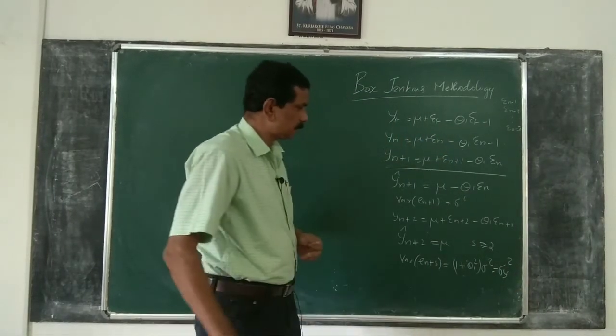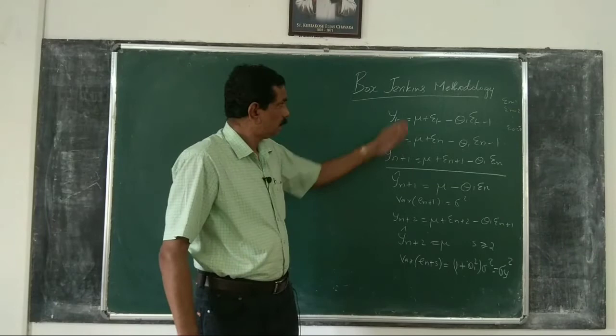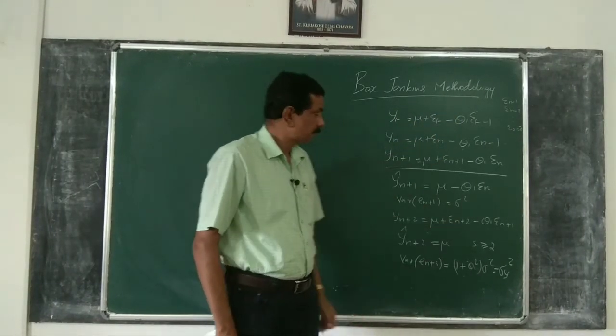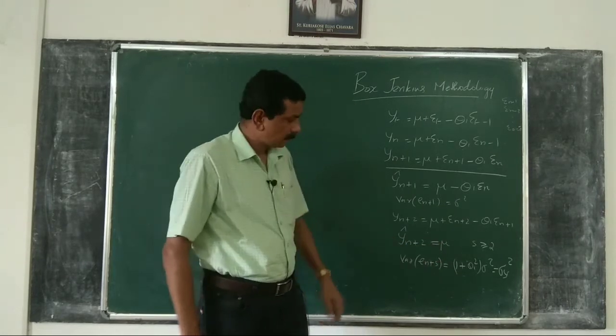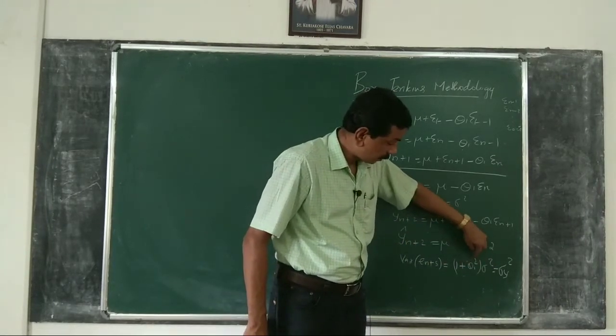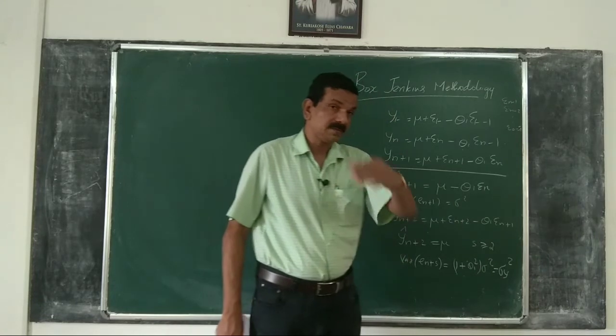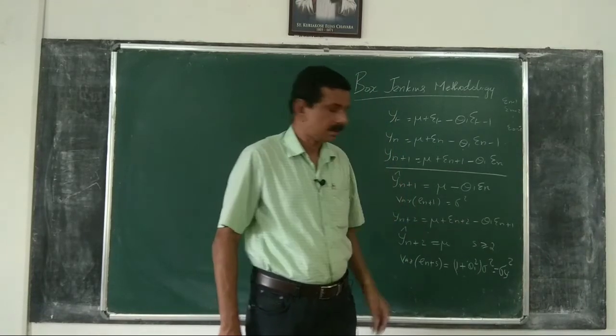And remember this, for an MA1 process, the mean of the process is mu and the variance is 1 plus theta 1 square times sigma square. You just refresh what we have already studied.